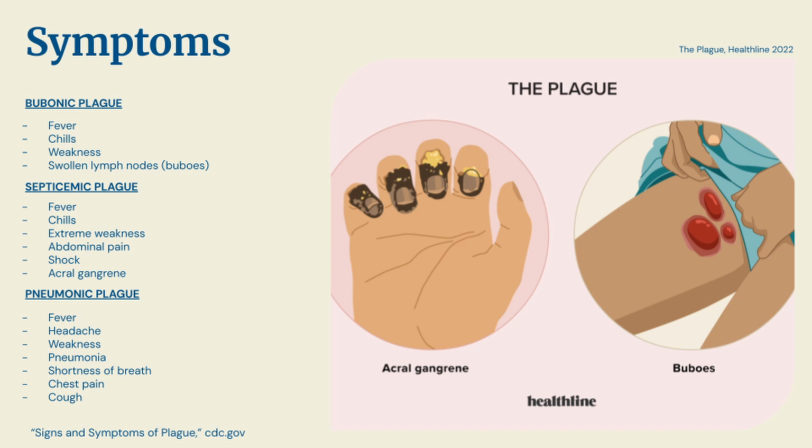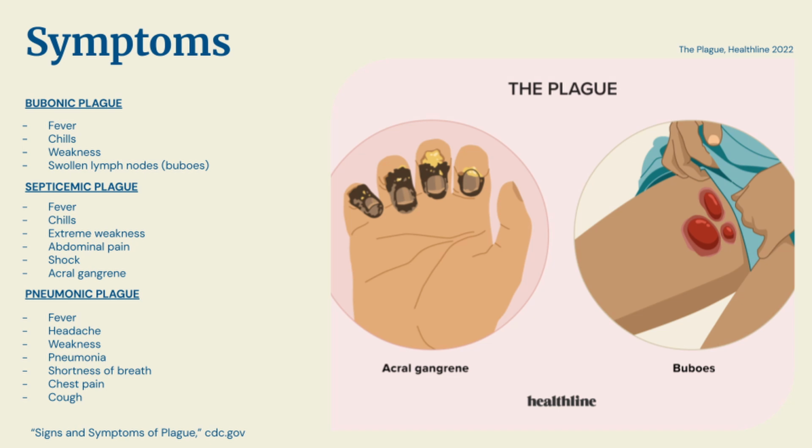And acral gangrene is gangrene that is specific to the extremities of your body, so like the fingers, toes, and nose. And the gangrene is just the dying of tissue from lack of blood supply. It will turn black and it will die as those extremities don't get any oxygen.